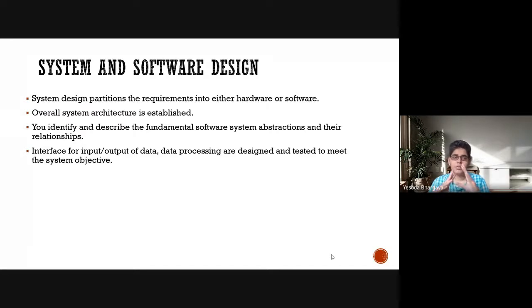In this stage, you would technically design the overall system architecture, which we would explore in much more detail next week, with all the kinds of structured designs, entity relationship diagrams and UML design. So we will be talking about all these. And in this stage, you identify and describe the fundamental software abstractions and their relationships.